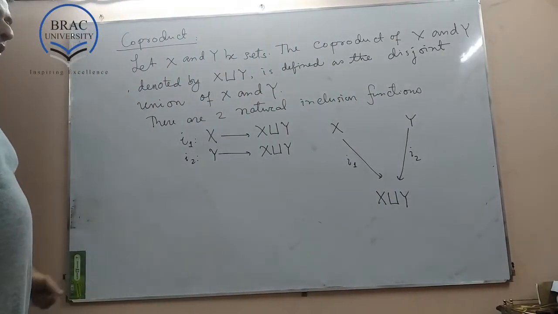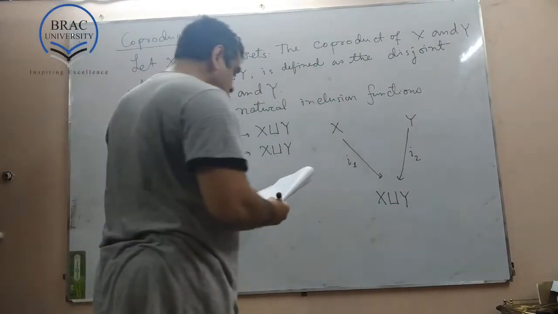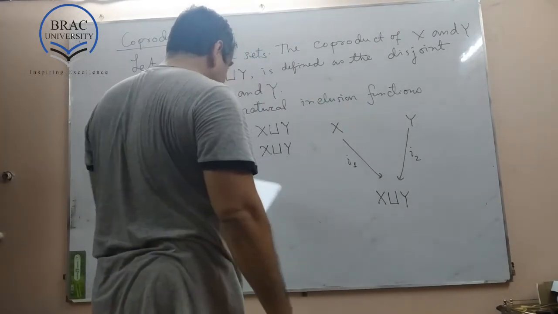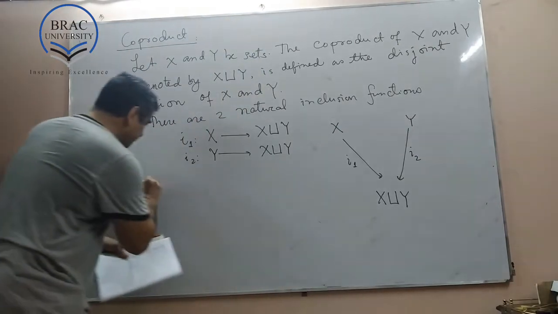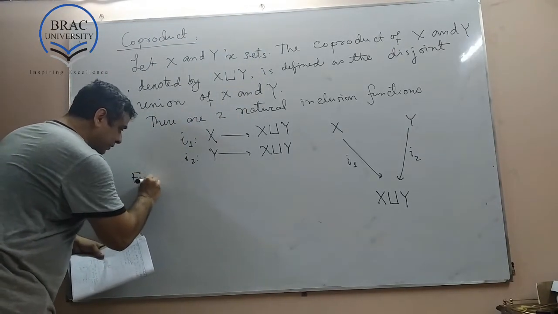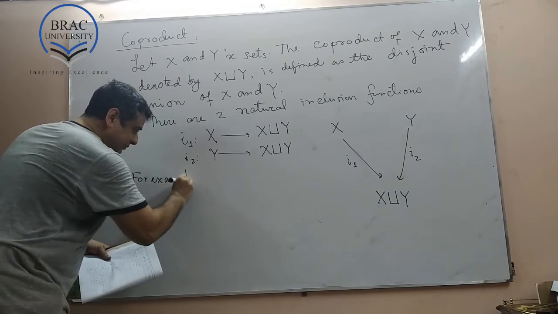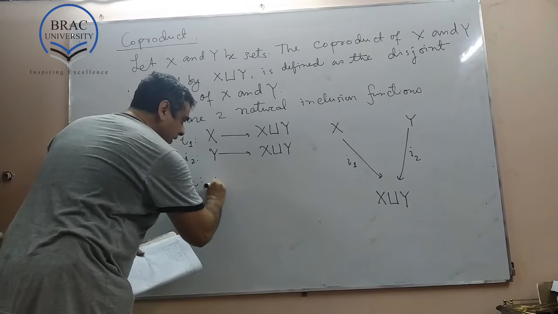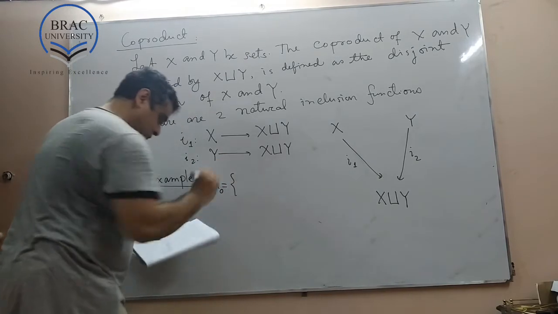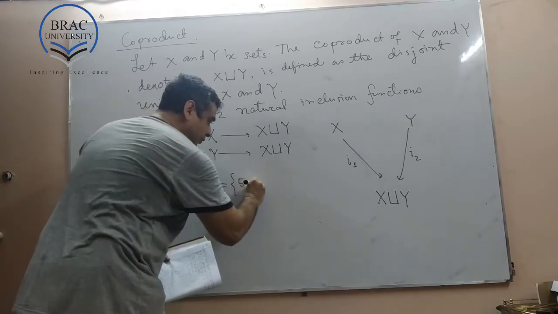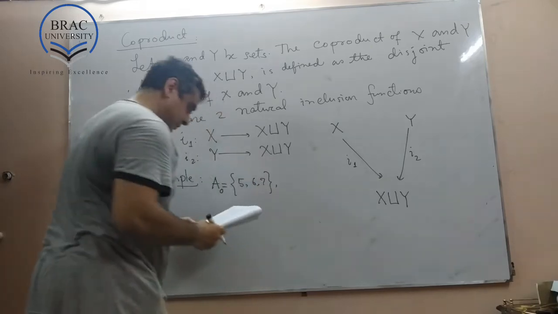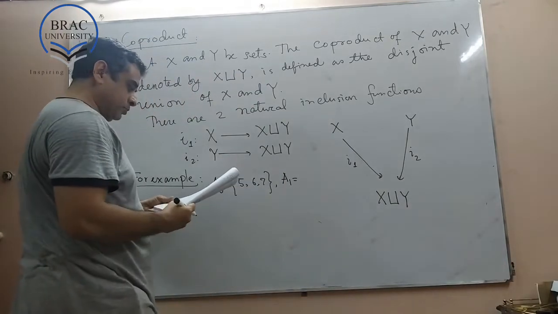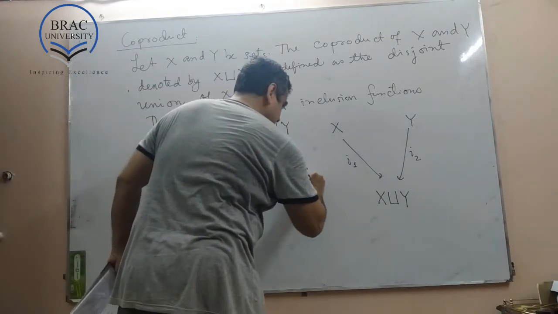Okay. So let me give you an example on how to form the coproduct of two given sets. For example, A0 is 5, 6, 7, and A1 is 5, 6.